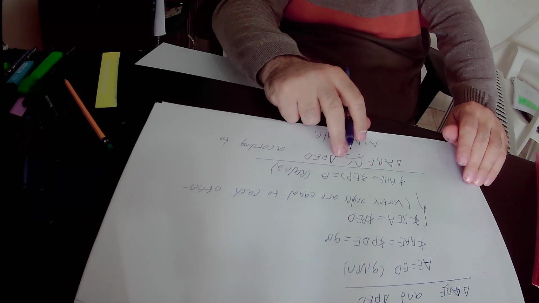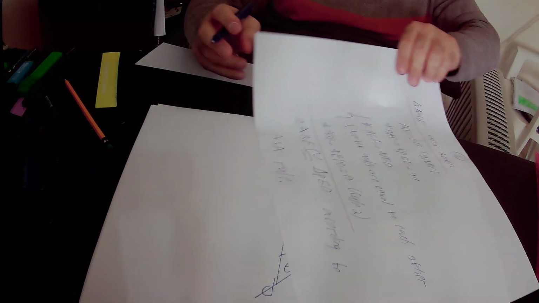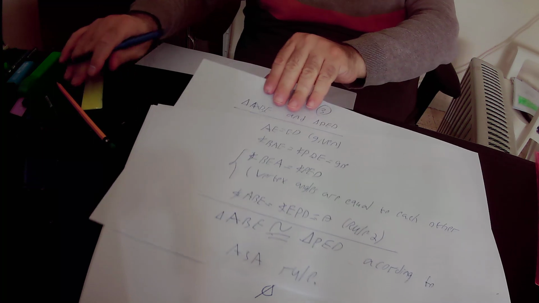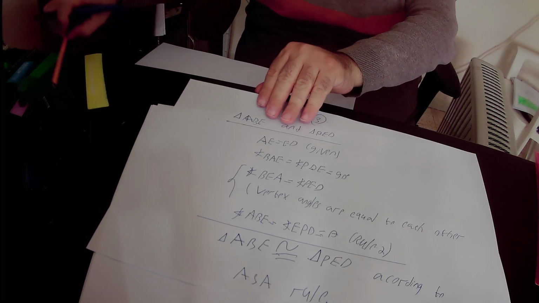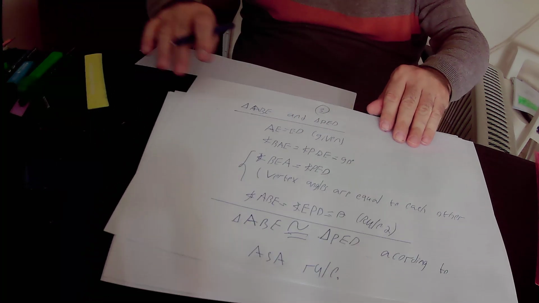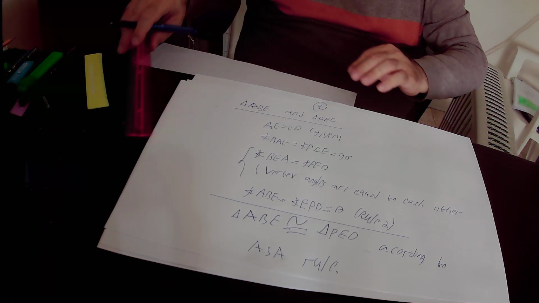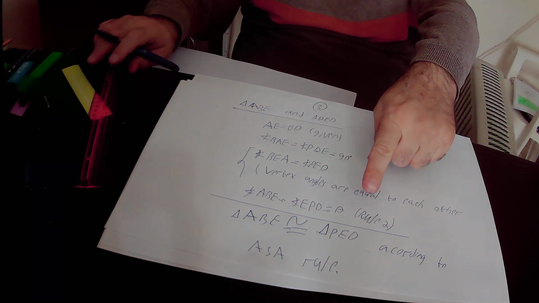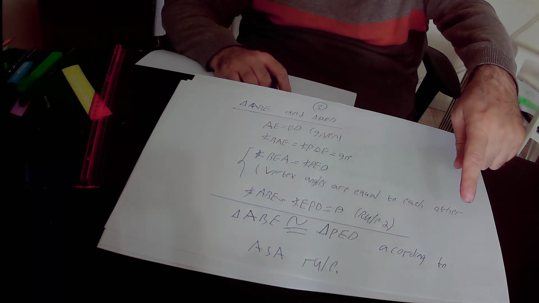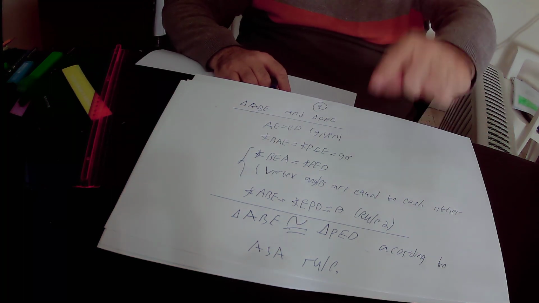Okay, I'll repeat again. We prove that triangle ABE, the green right triangle, is congruent to triangle PED according to the angle side angle rule.